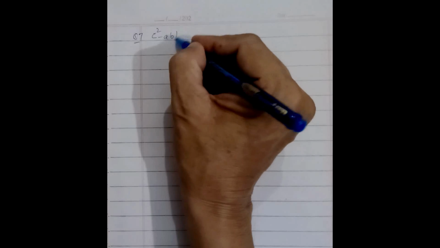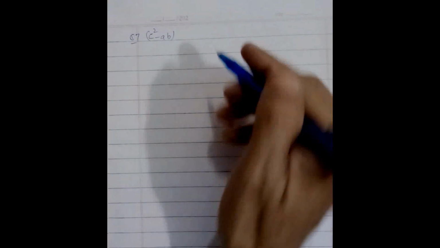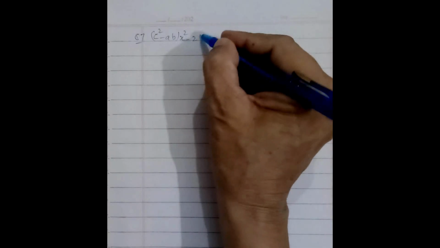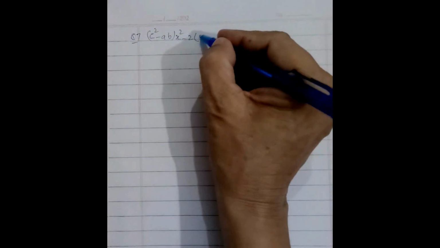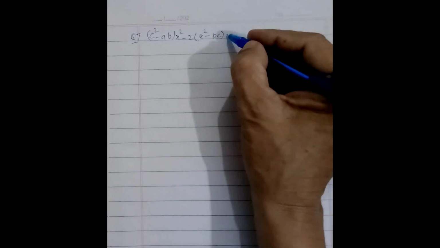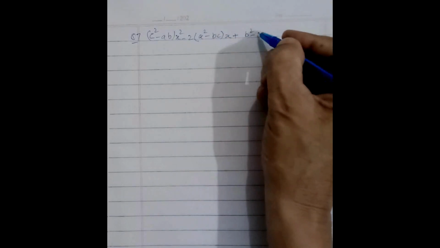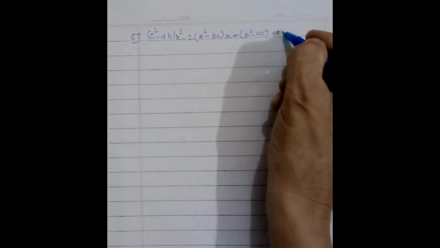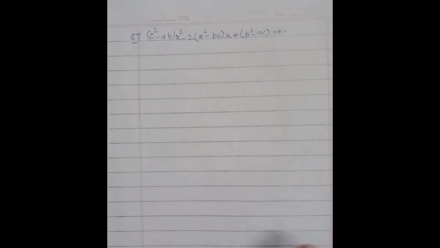Now we take the equation (c² − ab)x² − 2(a² − bc)x + (b² − ac) = 0. These equations have equal roots if a = 0 or a³ + b³ + c³ = 3abc.